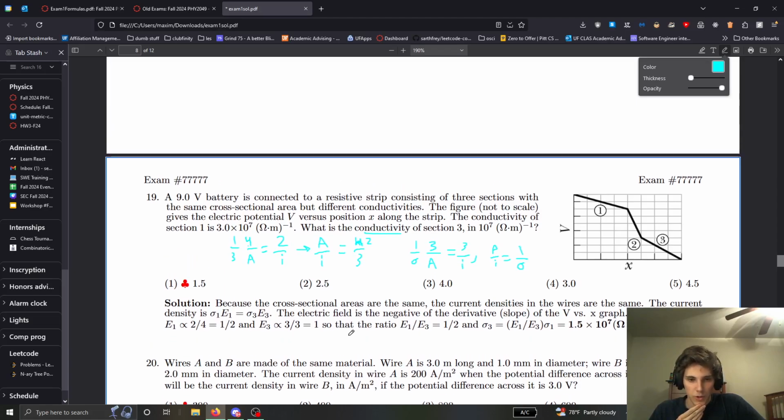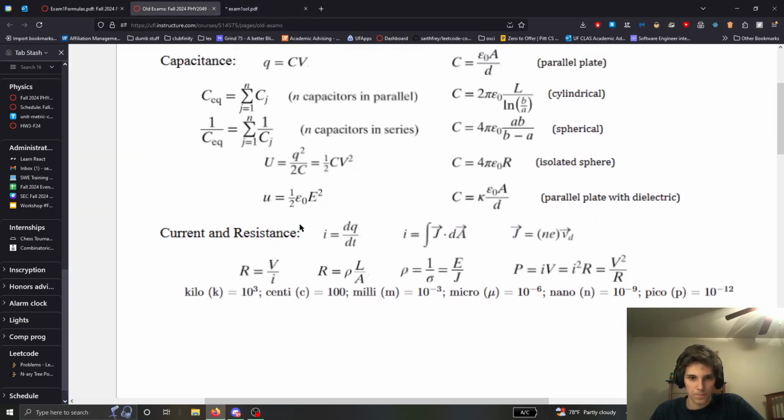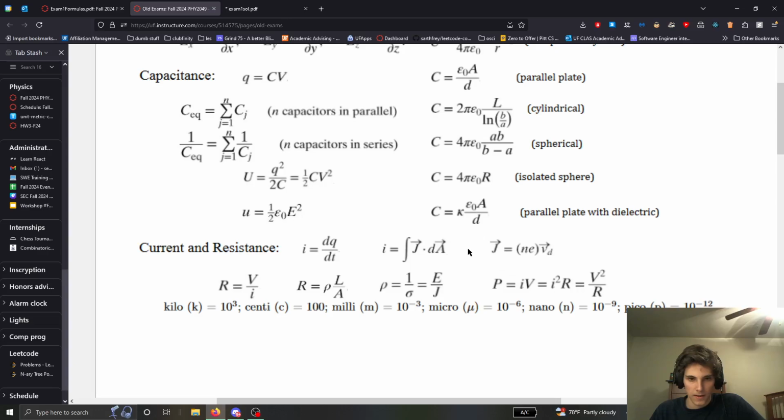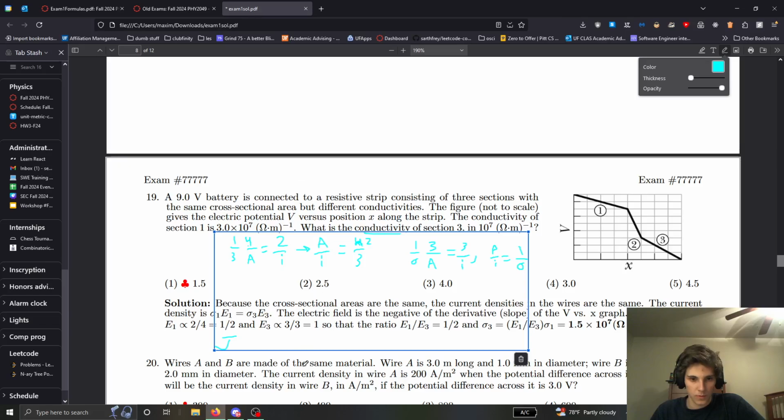And final question, we have 2 wires of the same material. We want current density. So current density is J. Make sure you know that. And we can apply this formula here. J is equal to current over area.